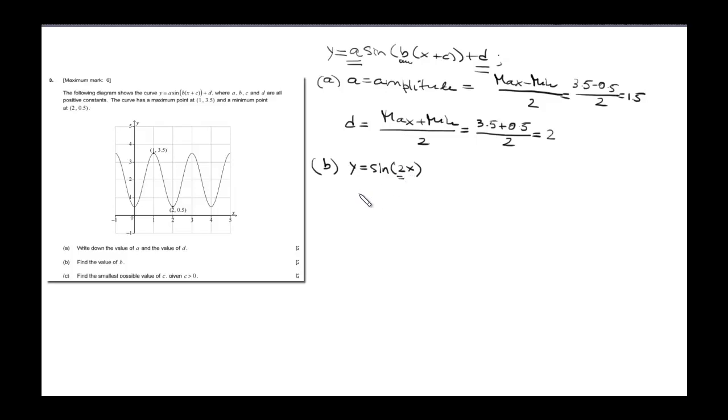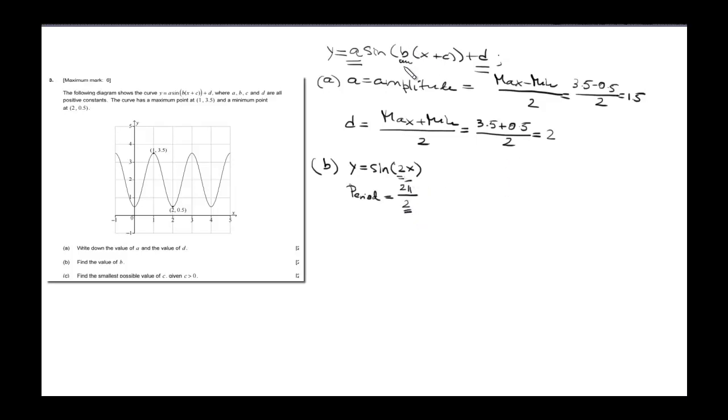So it's a one-way stretch along the x-axis by scale factor 1 over 2, meaning that the period of this function is 2 pi over 2.